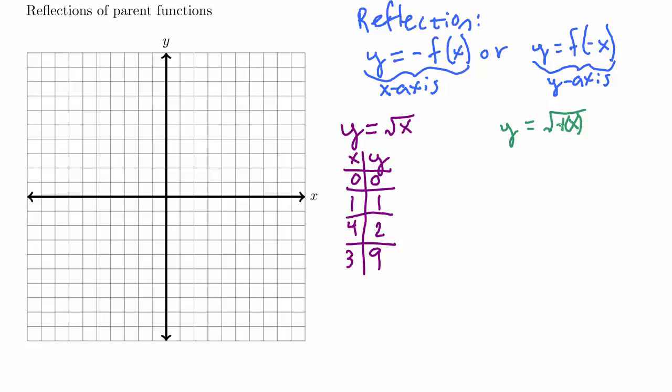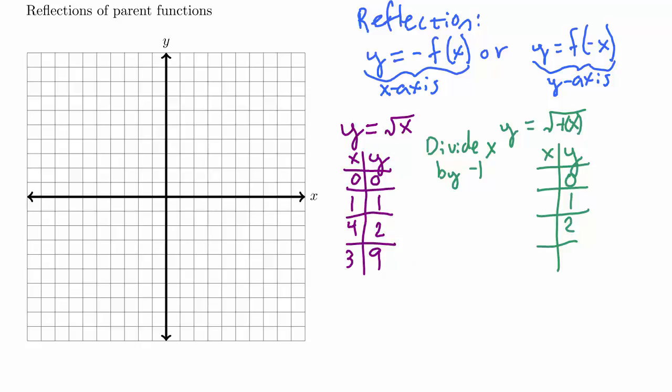It says multiply by negative 1, so I do the opposite, which is divide. It's on the inside, so it affects the x, and we're going to divide it by negative 1. And since it's the x that changes, the y stays the same. That's the reason it's a reflection across the y-axis. So the y stays the same here, so it gives me 0, 1, 2.